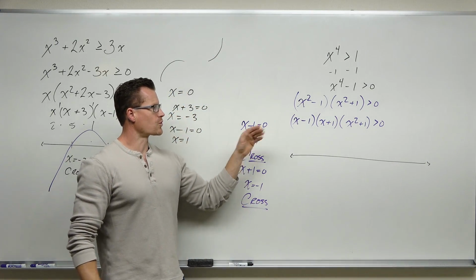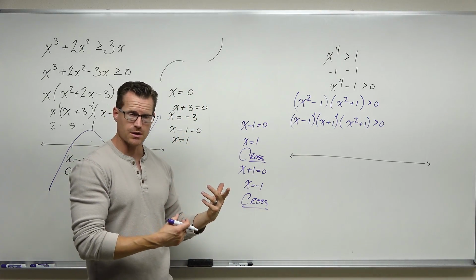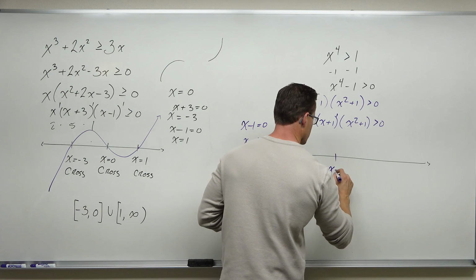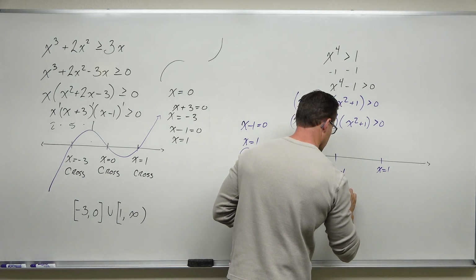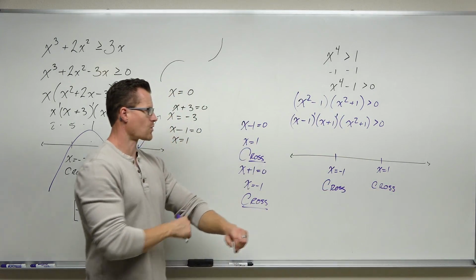Since we know that we're going to cross, that's a power 1, that's a power 1, that's multiplicity 1, that's odd, that means that we're crossing those x-intercepts. There's only two of them. So we have a cross and we have a cross.